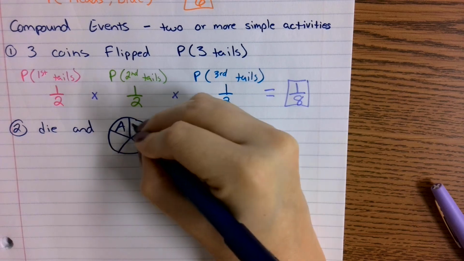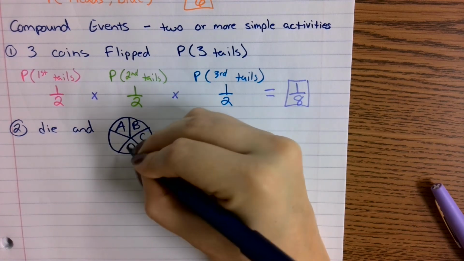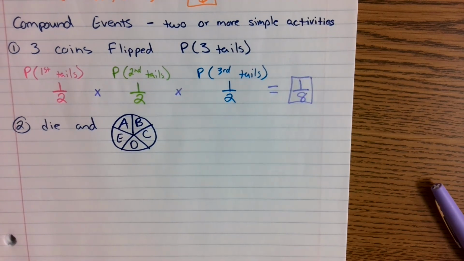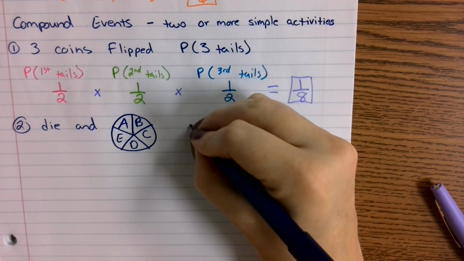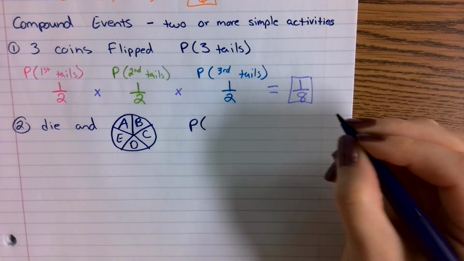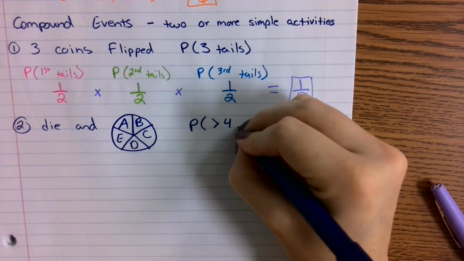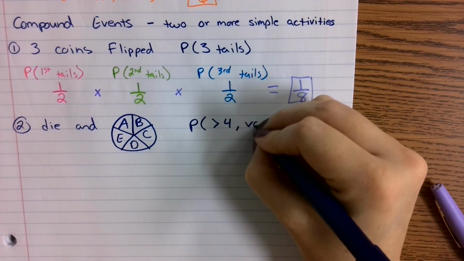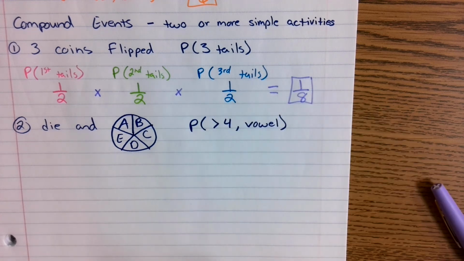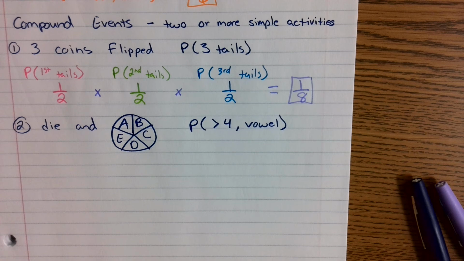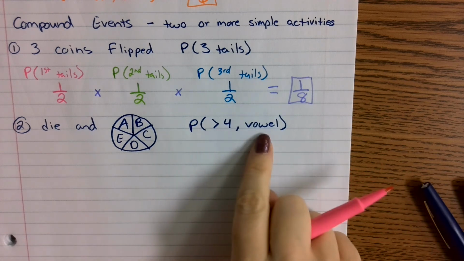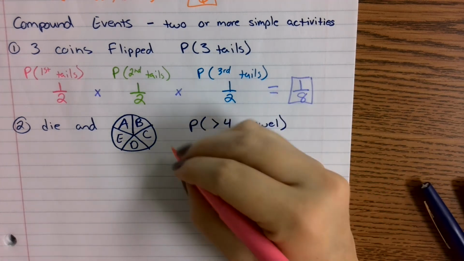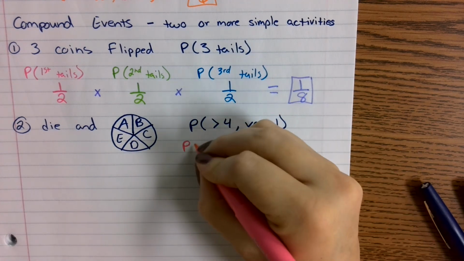The spinner is labeled A, B, C, D, and E. What I want to know is the probability that the die is going to land on a number greater than 4 and that the spinner is going to land on a vowel. So what we do again is take each of these activities and split them up. Instead of combining it, I'm going to look at them separately.